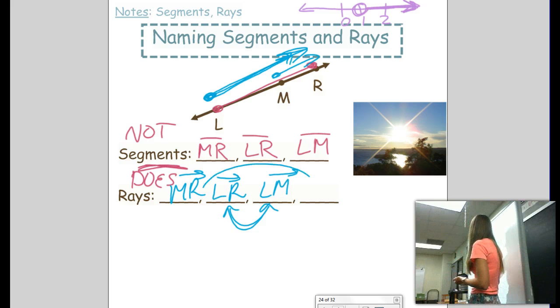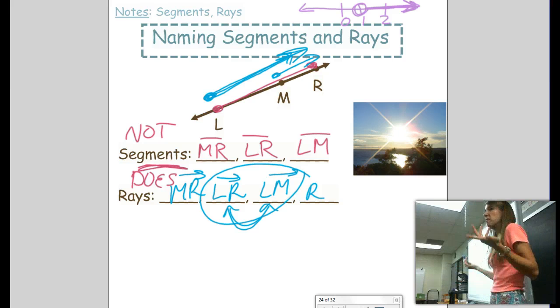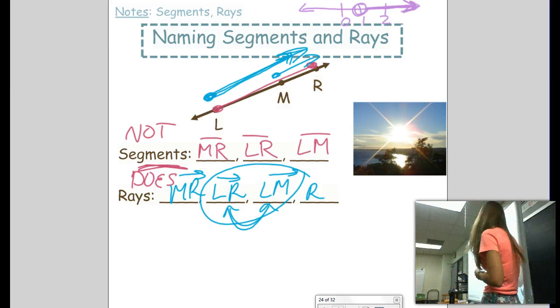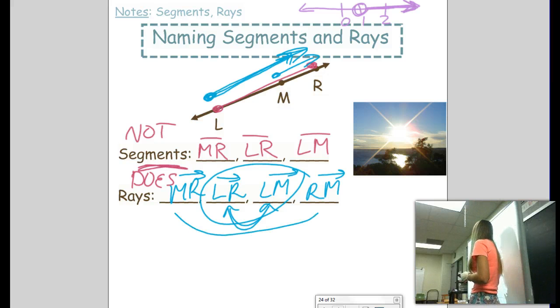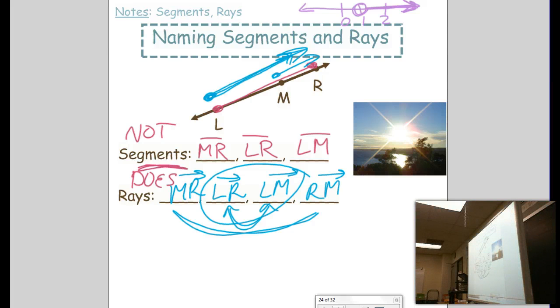So these are actually the same ray, which is fine. Let's name one more. RM. RM and RL are going to be the same, so it doesn't matter. RM is a totally different ray from MR. Those are completely different rays because you start in different places.